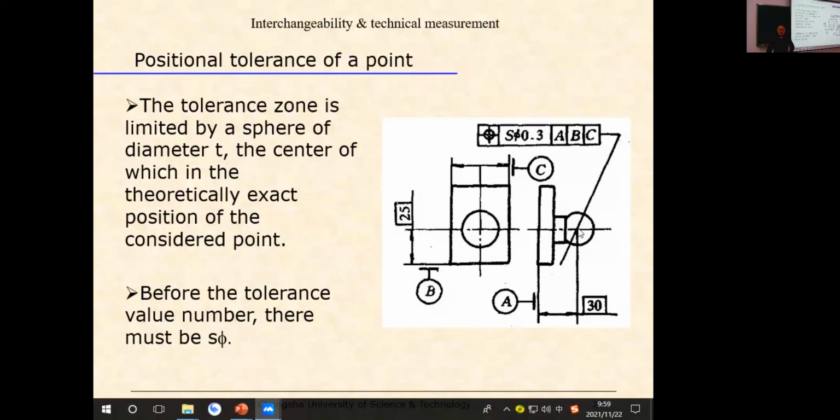So this point is 0.3, and 0.3 is the tolerance. That is available when you make this part. So before the tolerance value, there must be S phi.